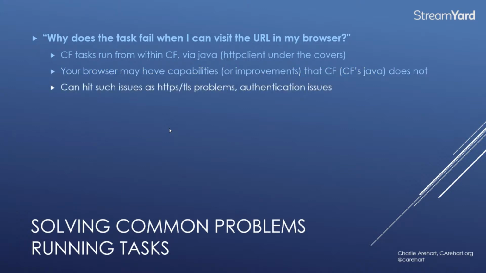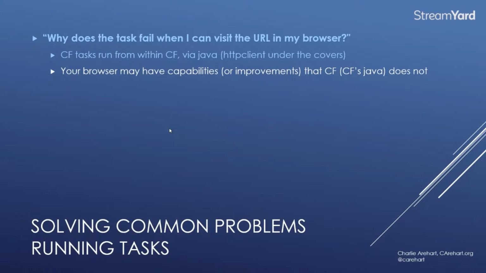There's all kinds of stuff like HTTP 3 and other kinds of stuff. The server that you're calling might be happy to talk to a modern browser, and when it gets talked to from this underlying CF HTTP client, it might not be the capabilities that it wants.